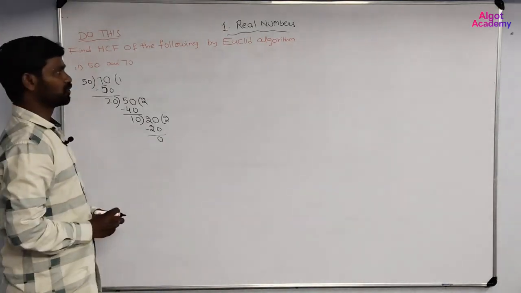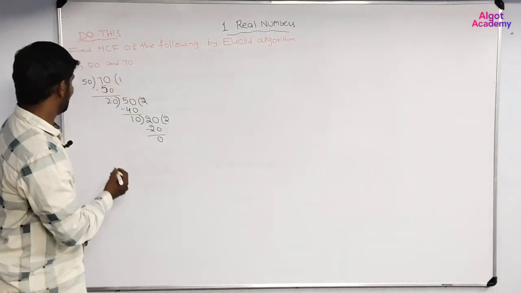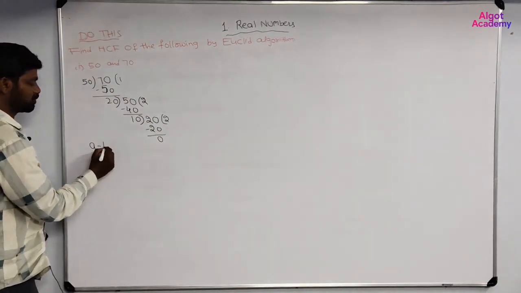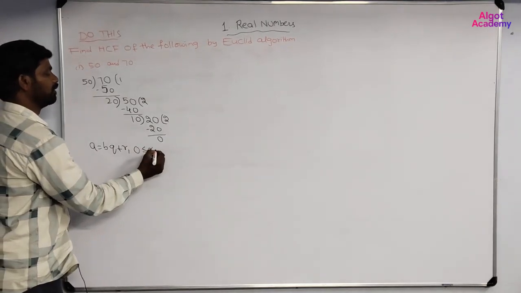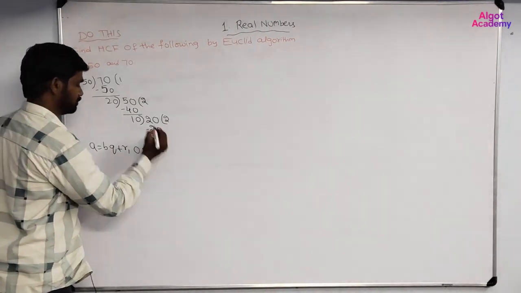So what is Euclid's algorithm? We have the equation a is equal to bq plus r, and 0 is less than or equal to r less than b. Right.